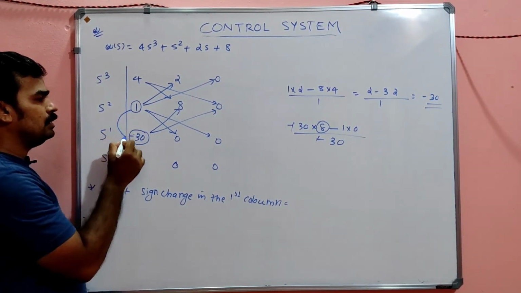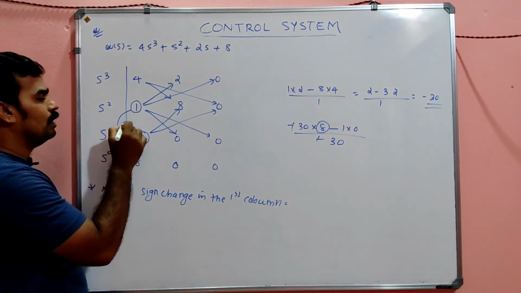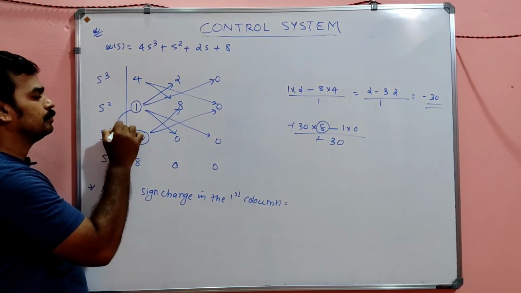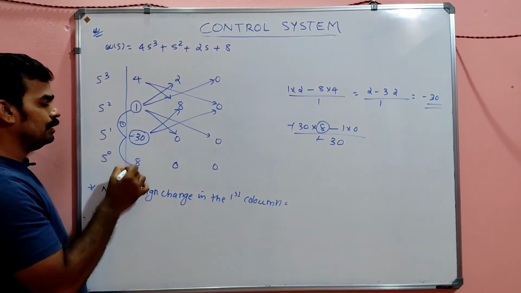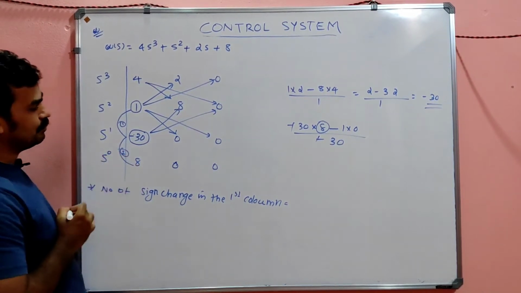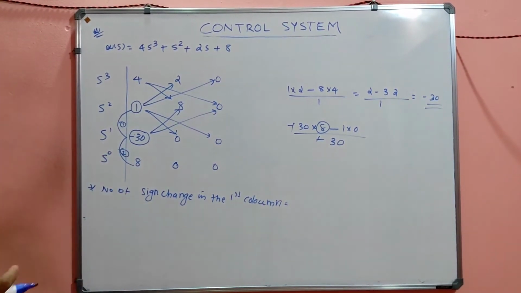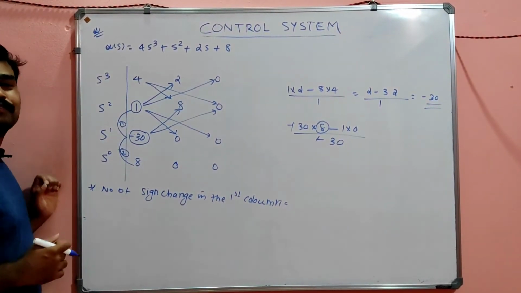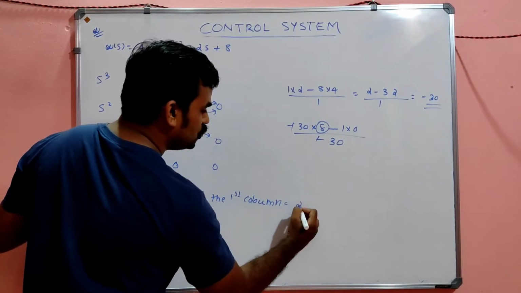From here to here means plus to minus, 1 sign change, and from here to here means again minus to plus, second sign change. So there are 2 sign changes in the first column. So it will be 2.